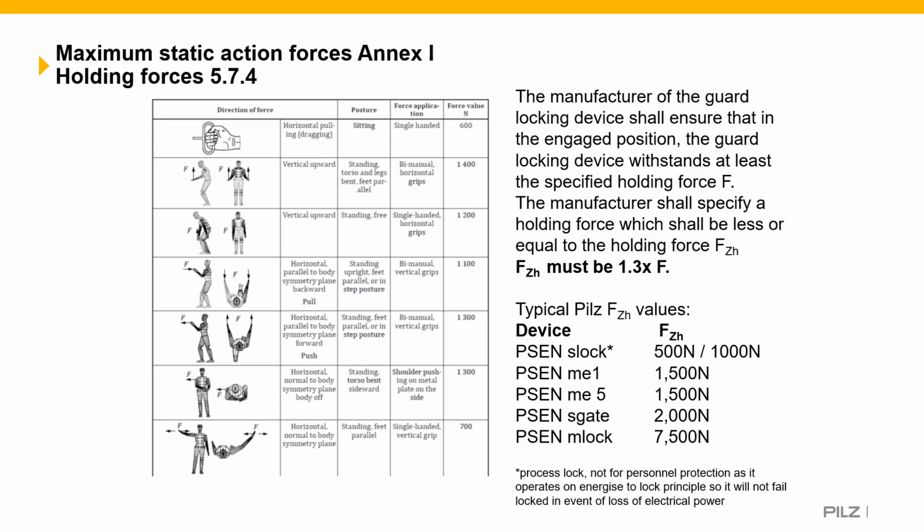And you can see the holding force of our products on the list below, albeit for the S-lock, which is a magnetic lock that we use, that's generally a process lock and not for personnel protection, as it operates on an energized to lock principle. So it would not lock in the event of a loss of power.